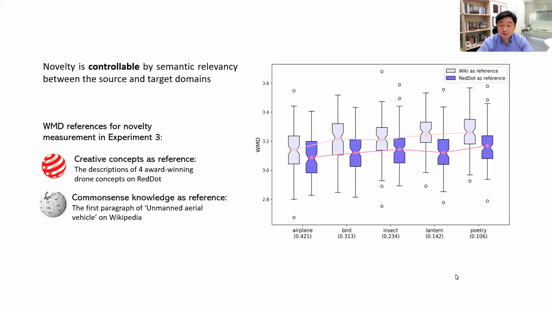The results also show that the novelty of those AI-generated concepts is slightly related to the semantic relevancy between the source and target domains. Again, it suggests the controllability of AI-generated concepts by the knowledge distance, or semantic distance, between the source and target domains for analogy.